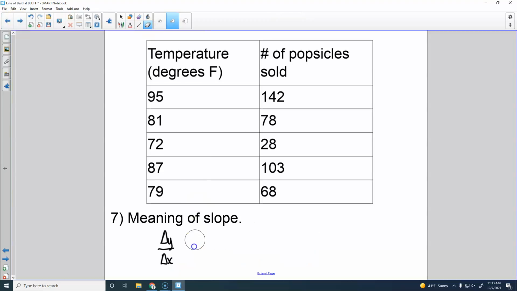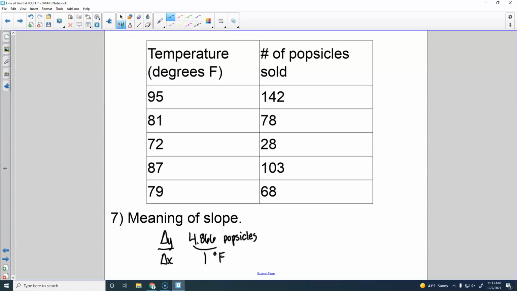Alright, nope. No packing up. Because y'all don't know how to do this one. Alright, what's Y stand for? Popsicles. What's X? Temperature in degrees Fahrenheit.